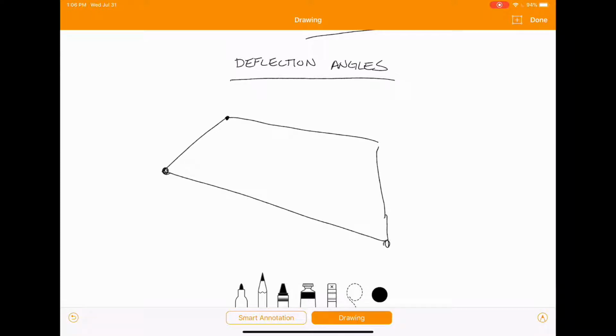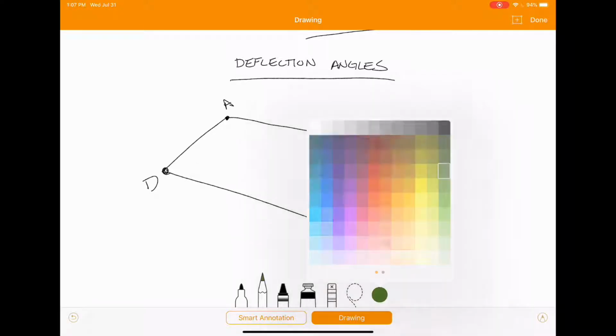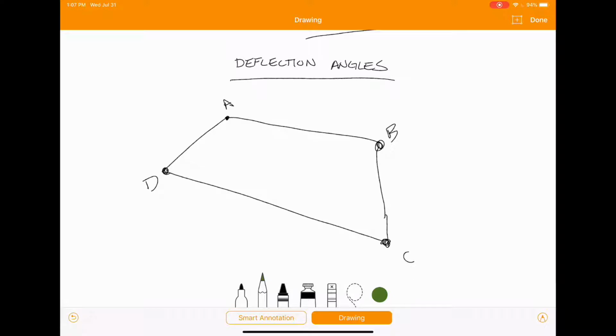And it's going to be your points, A, B, C, D. And so your deflection angle, if you wanted to find your deflection angle at A, what you're going to do is you're going to follow this path as it leads to A. And you're just going to continue that out, and then you're going to drop down to the line that goes to the next letter, so AB. So this is going to be your deflection angle at A.